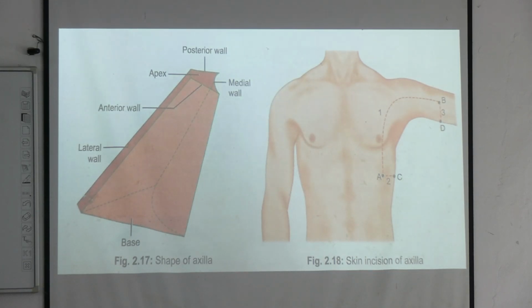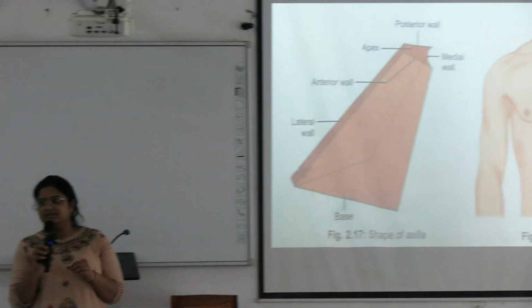Okay, after reflecting the skin flap, you will see the superficial fascia. Okay, then you will get the contents, axillary pad of fat, different lymph nodes, all those you have to remove to dissect out those main structures, arteries, veins, and the different nerves. Okay, you have to dissect carefully because the nerves are embedded within the fat pads.